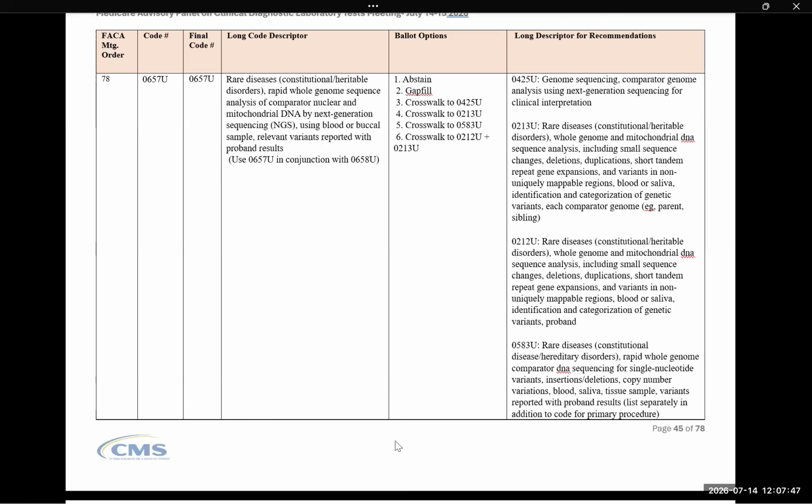And so we, as a panel, recommend that crosswalk to 0212U plus 0213U. There are alternative options provided here, including abstain and gap fill. All right, do panel members have any questions or CMS about this particular code? All right, if not, panel members, please cast your votes.